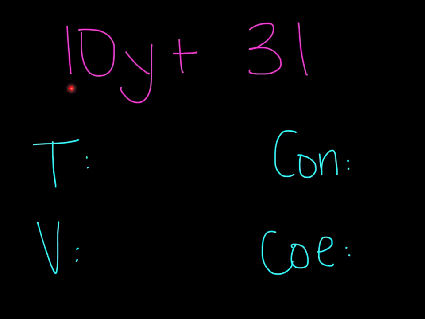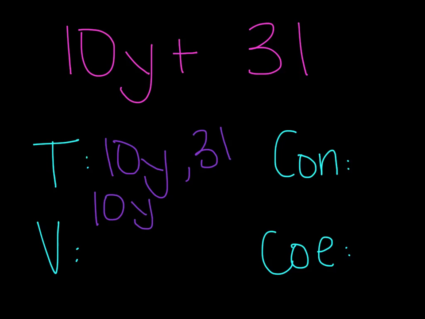It's separating 10y and it's separating 31. So those are my two terms. Notice I'm separating them by a comma here because it's 10y and 31. I could also write it 10y and 31. Either one works just fine.